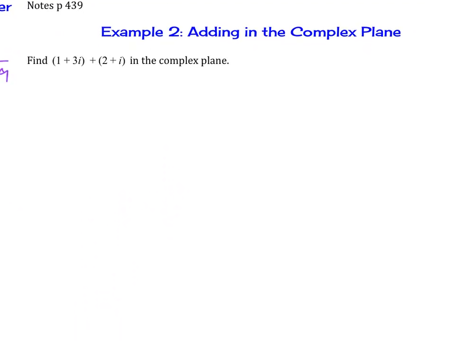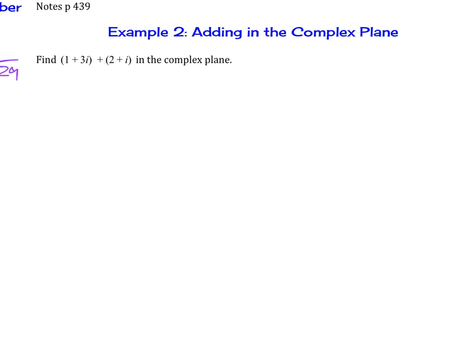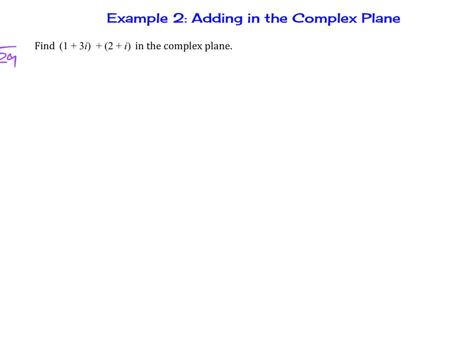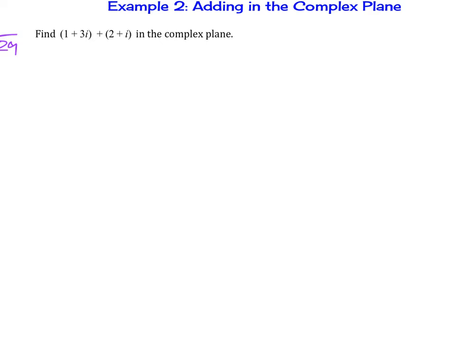So let's add in the complex plane. Find (1 plus 3i) plus (2 plus i) in the complex plane. What it's saying is that we can represent these as vectors. So let's say this is u and this is v. We can write u equals (1, 3), and then v equals (2, 1). Then we can add the vectors together like we did previously.